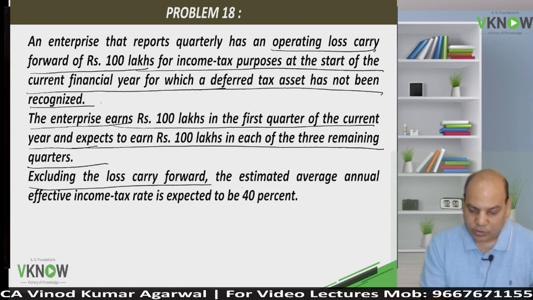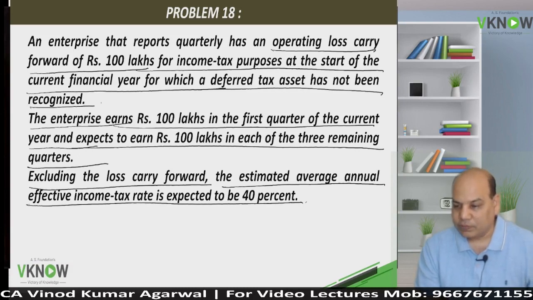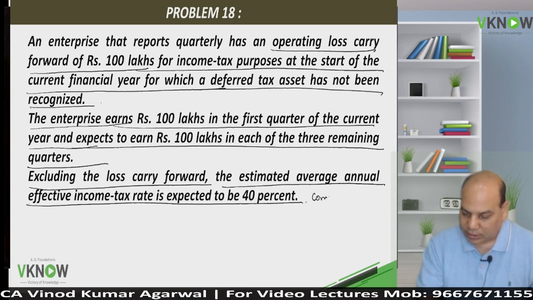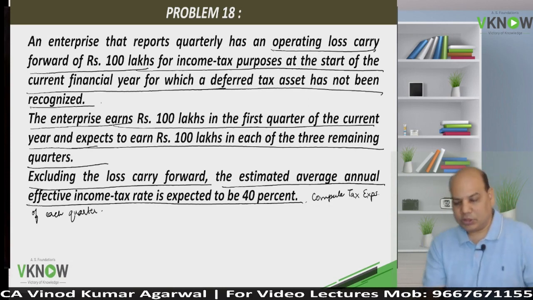Excluding the carry forward loss, the estimated average annual effective income tax rate is expected to be 40%. Compute tax expense of each quarter.